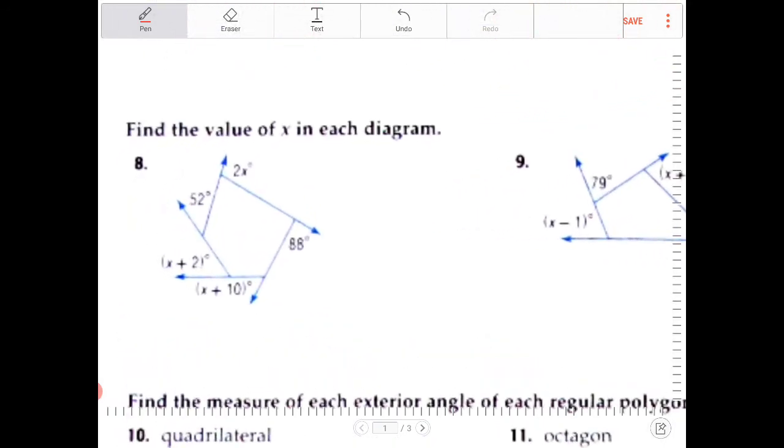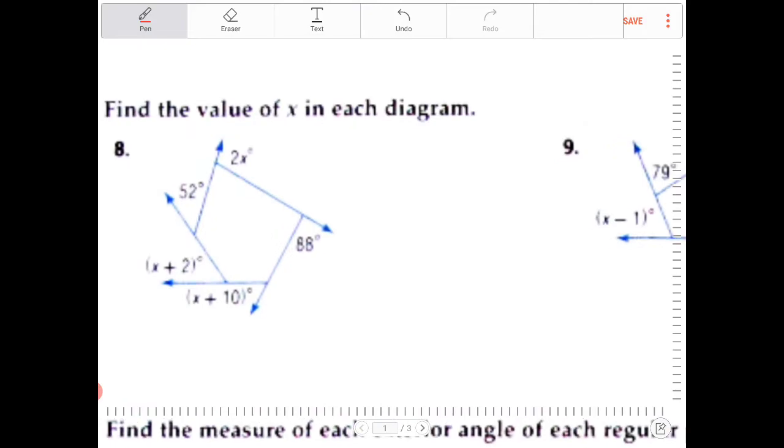Moving on. Find the value of x in each diagram. Here we have to apply the rule for exterior angles. The sum of all exterior angles, regardless of how many sides the polygon has, will always add up to 360.